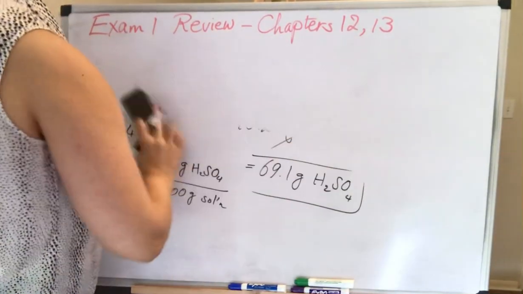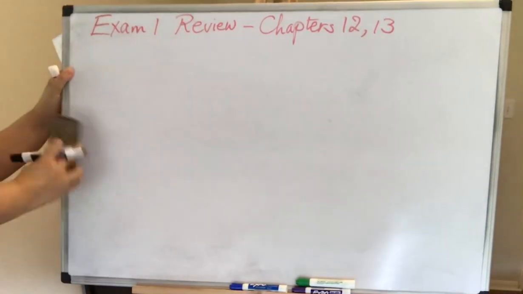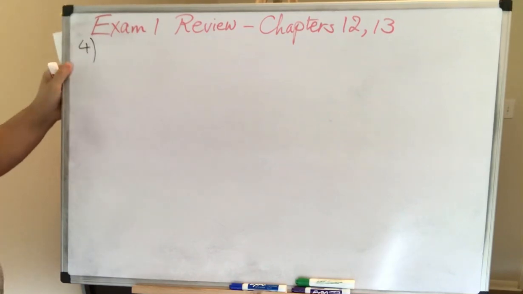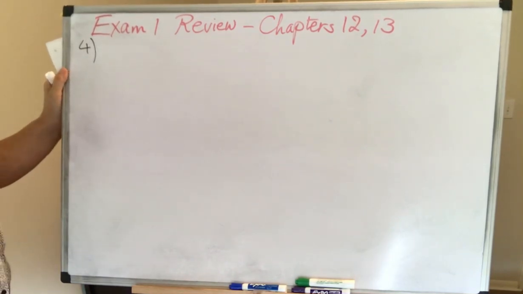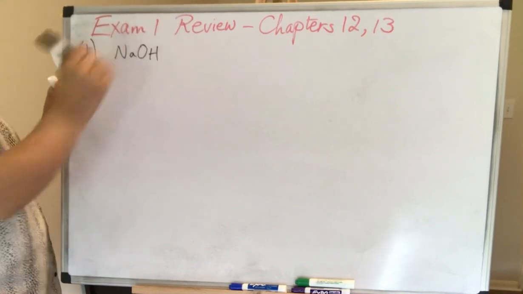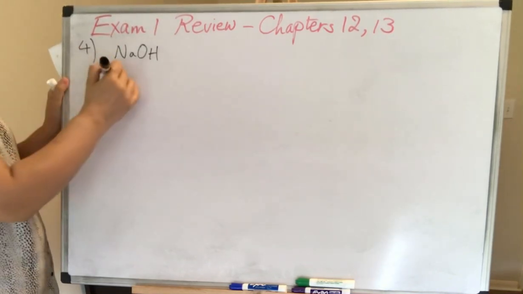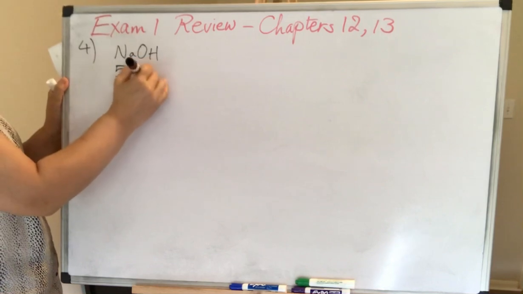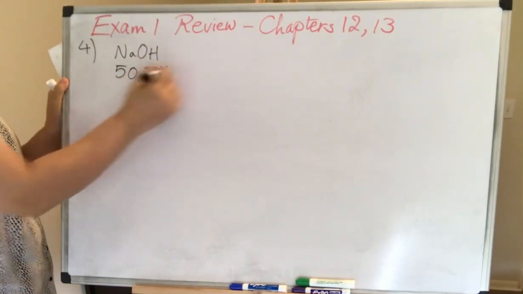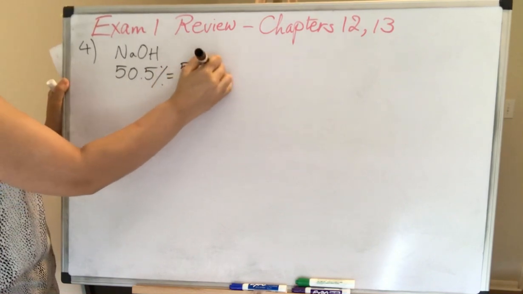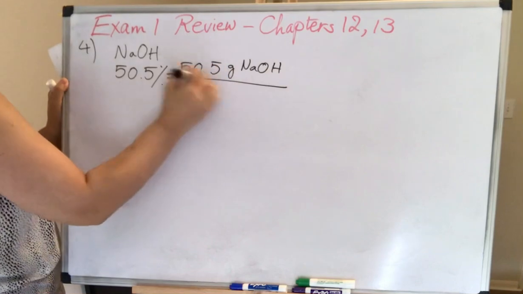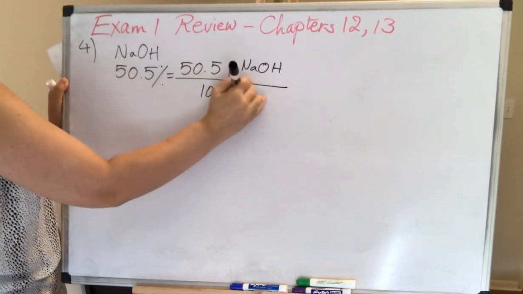Question number 4. Again, another concentration of solution question. A concentrated sodium hydroxide solution is 50.5% NaOH by mass, means 50.5 grams of NaOH in 100 grams of solution.